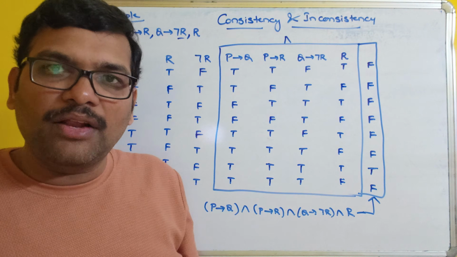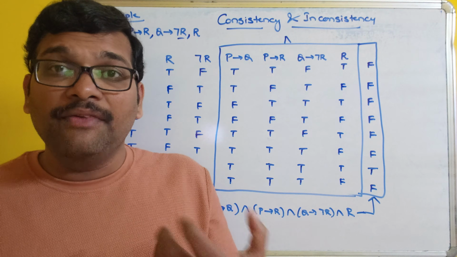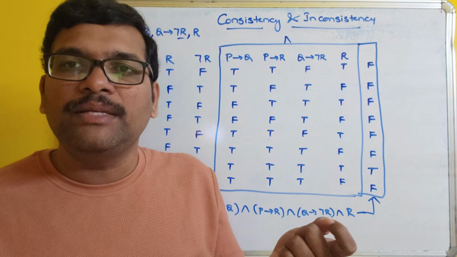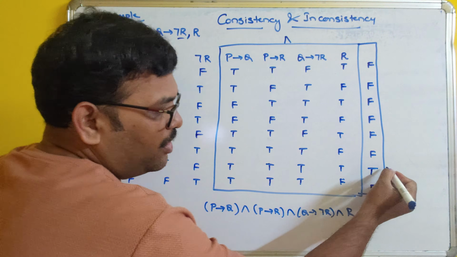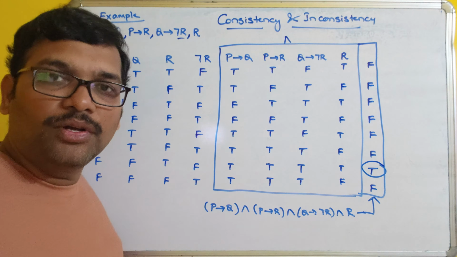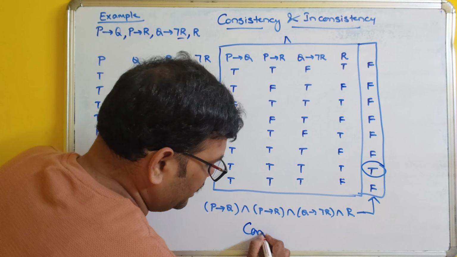Here you can observe, if we perform the conjunction for all the premises and we get at least one truth value as true, it implies the premises are consistent. Here we are having one true and all the remaining are false. Only one is true, which implies these premises are consistent.